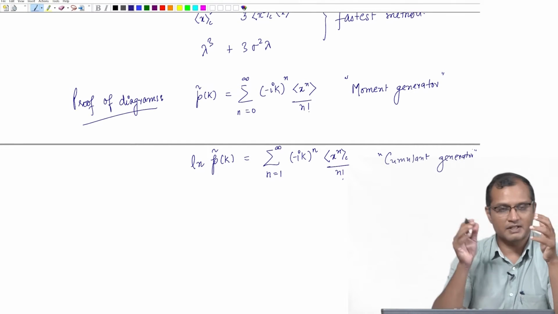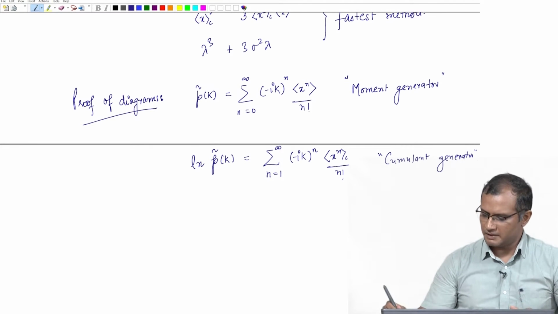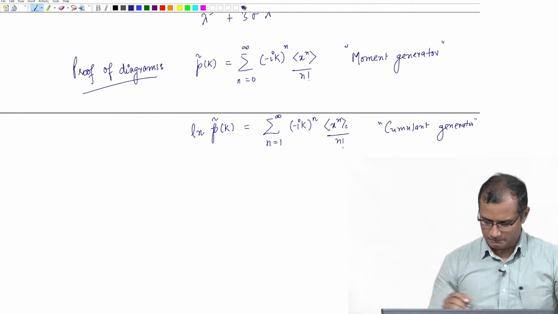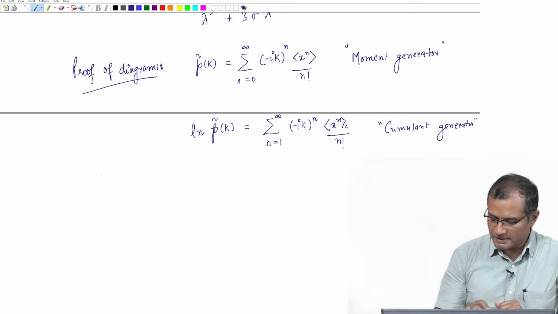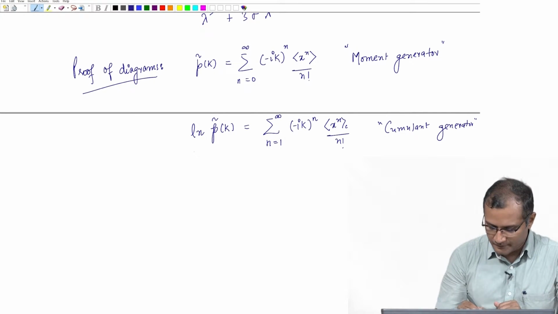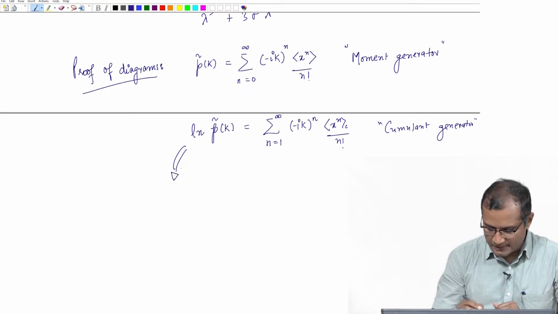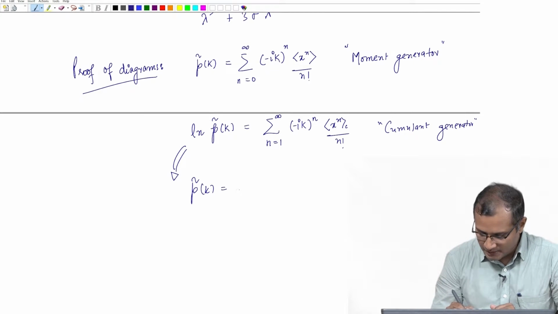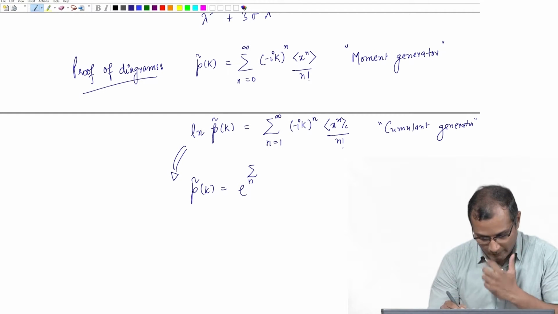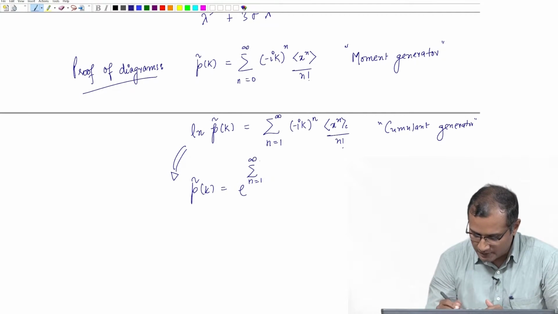So, these diagrams that I have been using for a while now can be very easily computed by simply equating. From this expression I can say that P of k is nothing but e raised to the summation n going from 1 to infinity.